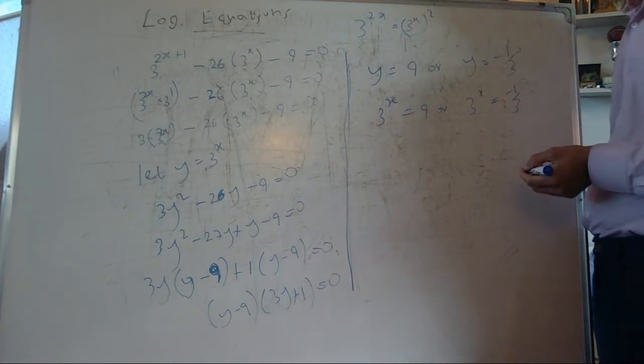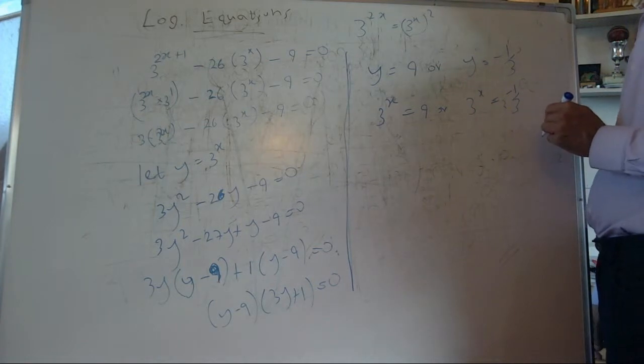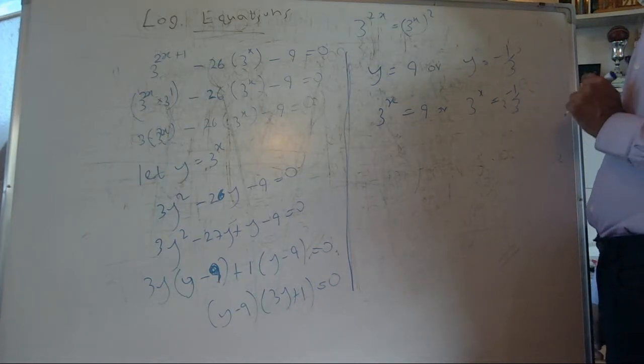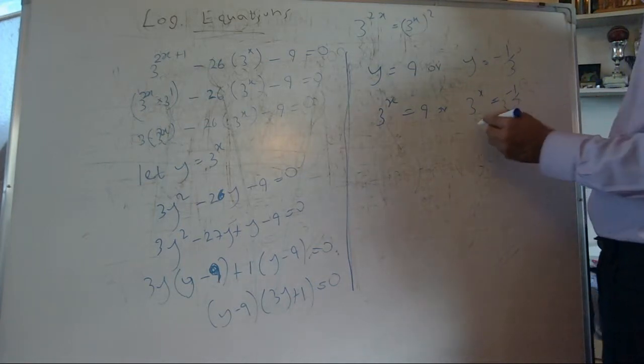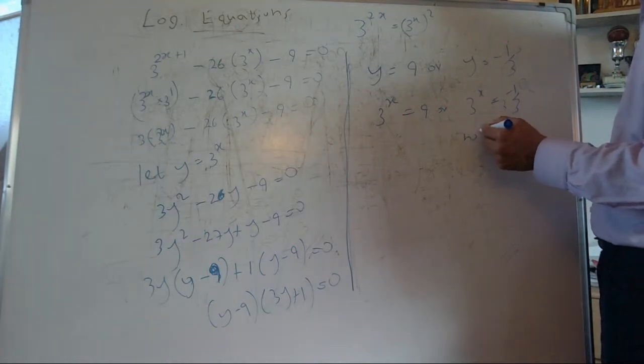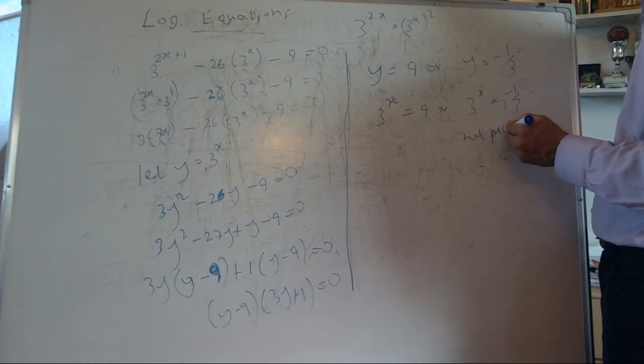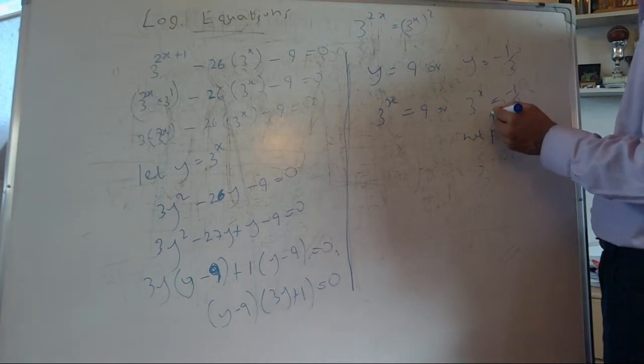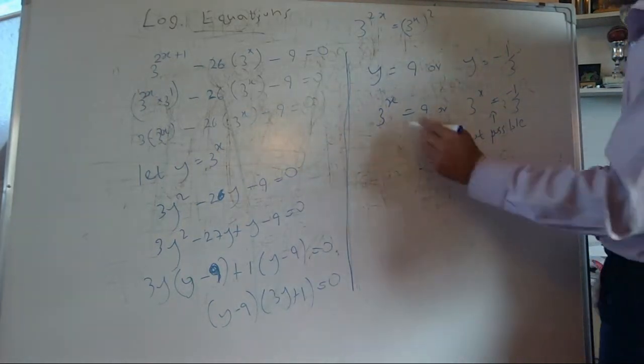Now 3 to the power cannot be a minus number, so therefore this is not possible. Okay, so this answer is not possible. So this is the actual solution.